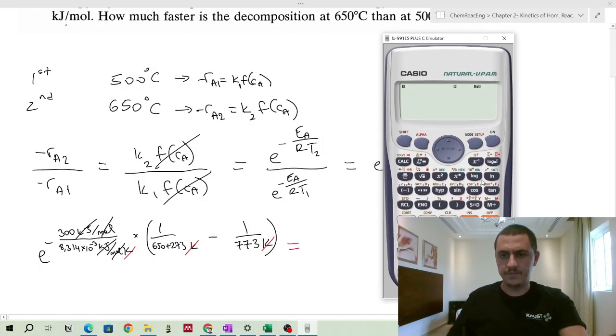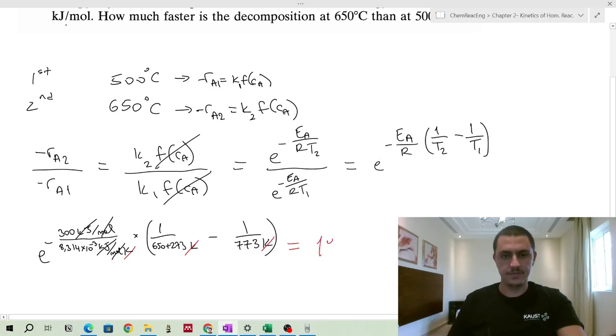So let's see how we calculate that. So e to the power, you have negative 300 over 8.314 times 10 to the, actually we can use also this one and say 10 to the power minus 3. Then we have times 1 over 650 plus 273 minus 1 over 773.